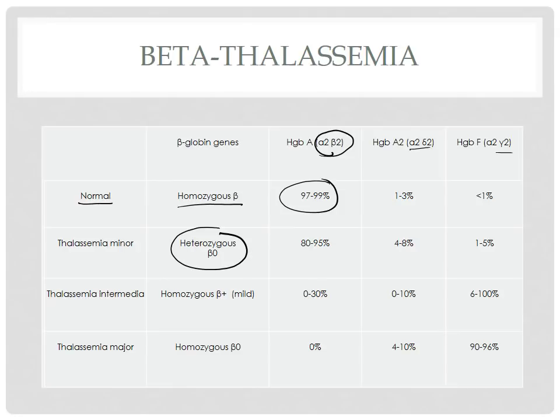They still have another beta chain available, so they still can make some hemoglobin A, but it's a reduced amount, and you will see a small increase in the hemoglobin A2 and the hemoglobin F.